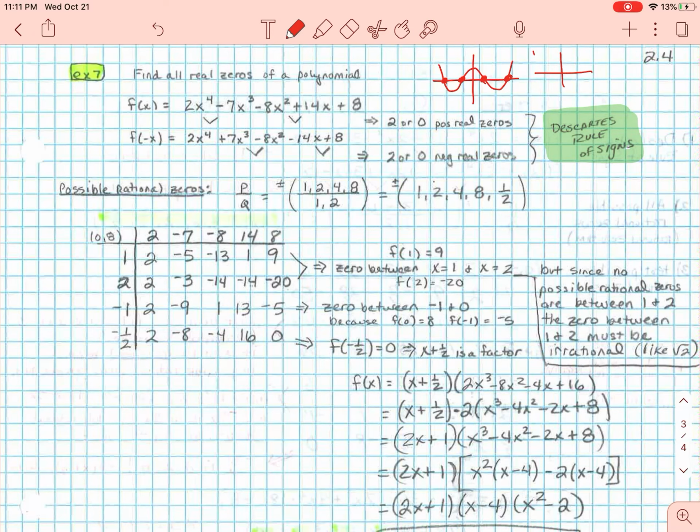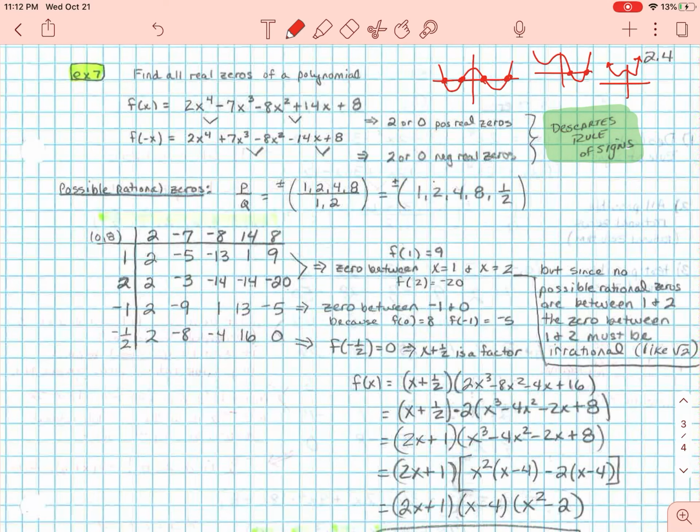But it could have looked like this, where it came down like this, and we had no negative real zeros, but we had 2 positive real zeros. The other 2 zeros would be imaginary. And it is possible that the entire thing would never cross the x-axis, and you'd have no positive real zeros and no negative real zeros.